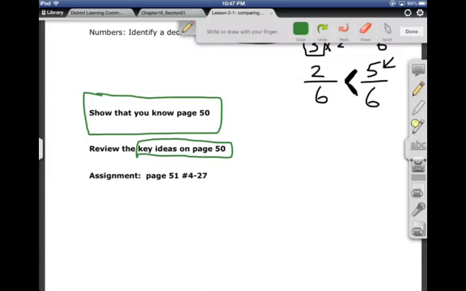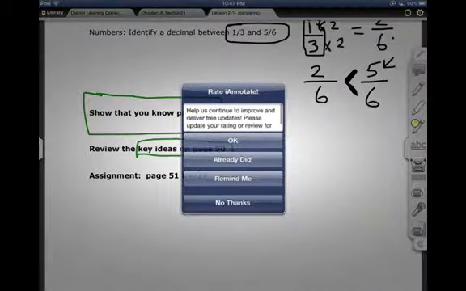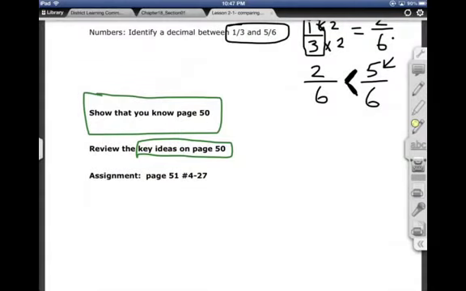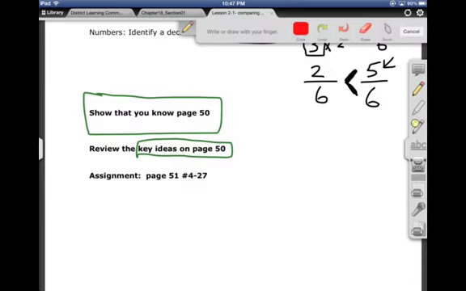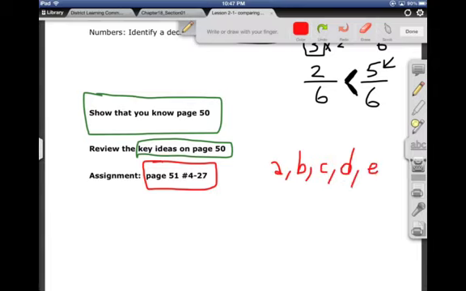So I always like to get rid of that. Let's go back to red for a second. Page 51, numbers 4 to 27. So that's quite a bit of work. If they are lettered items, let's say one of the questions has A, B, C, D, and you know, these things can go on forever, I will allow you to do what's called ACE.